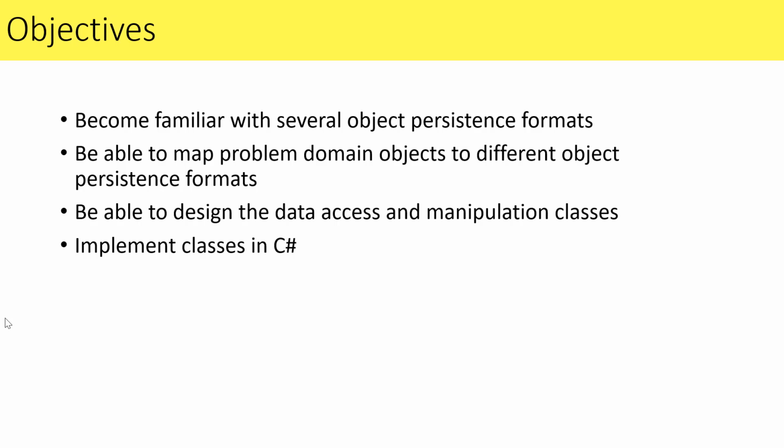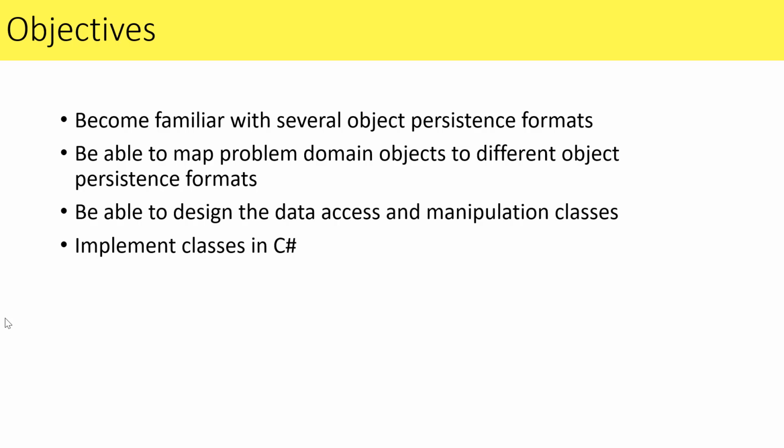So what do we do today? We learn, first of all, different types of object persistence formats like files and databases. Then we learn how to map the problem domain objects to different object persistence formats.